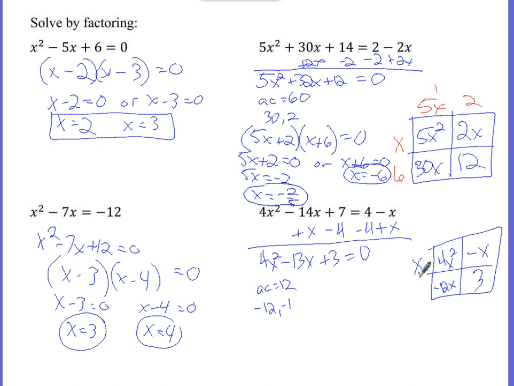GCF for my second row, negative, because that first box is negative, and then the GCF is 3, negative 3. First column, 4x, and then negative 1. Good. Now what? Good. 4x minus 1 times x minus 3 equals 0. Now what?